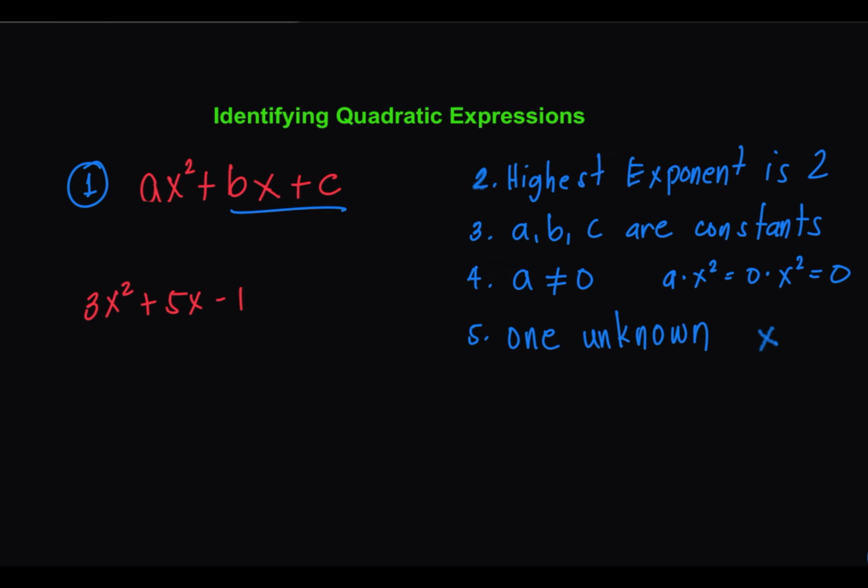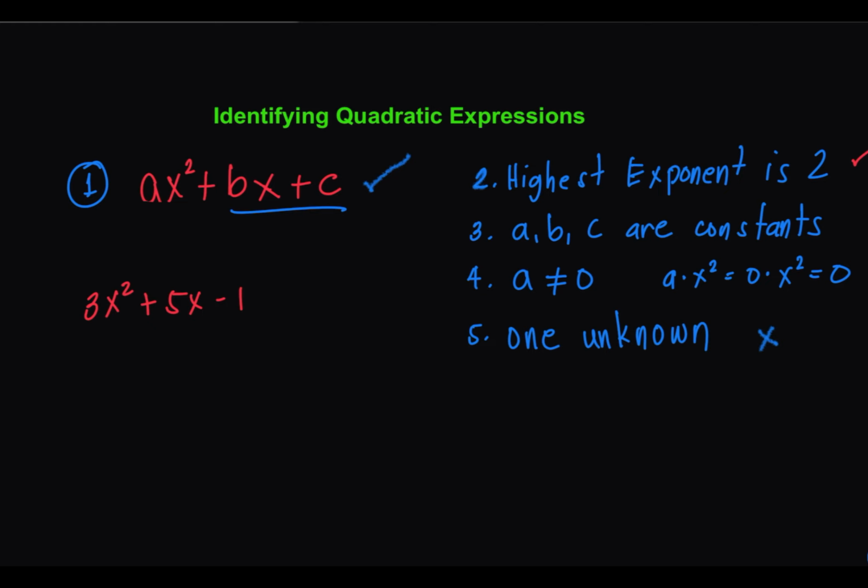So, in this example, nasa ax squared plus bx plus c form siya. So, it's correct. Okay? Number 2, highest exponent is 2. So, check natin yung x squared plus 5x. So, yung highest exponent here is 2. So, therefore, number 2 is also correct.